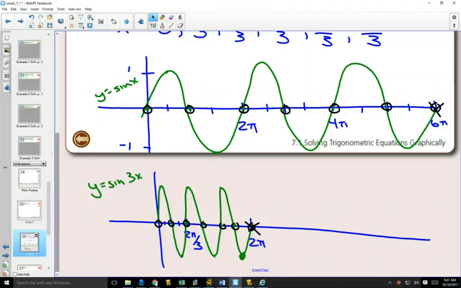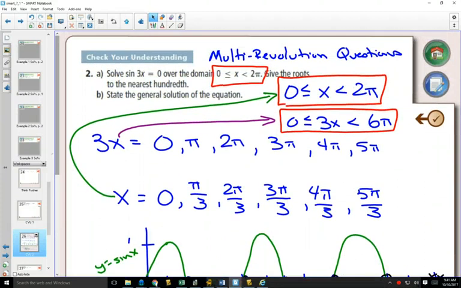And so we call this a multi-revolution question because it's easiest if you first say solve for the inside, which is 3x, but 3x's are between 0 and 6 pi, 3 times around, rather than between 0 and 2 pi. And we got these solutions.